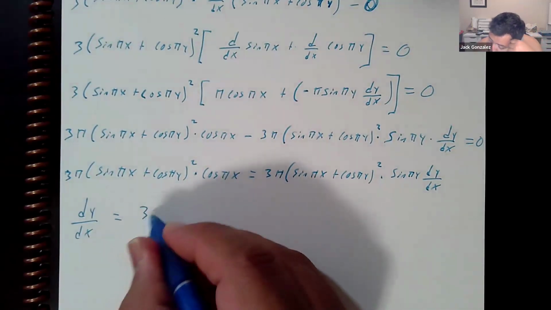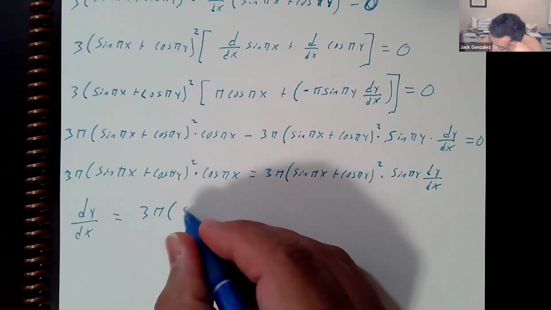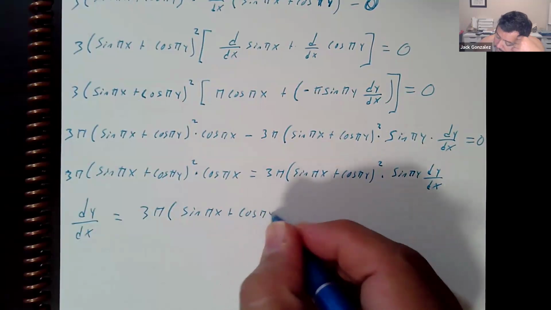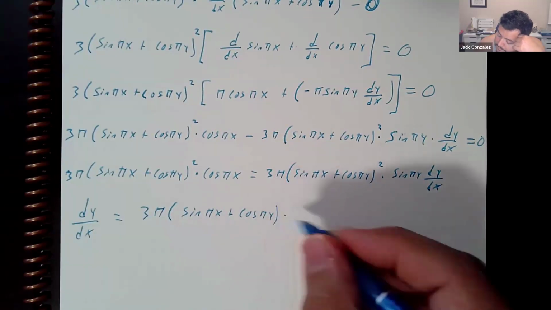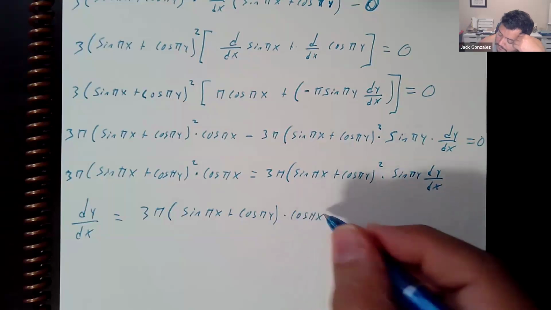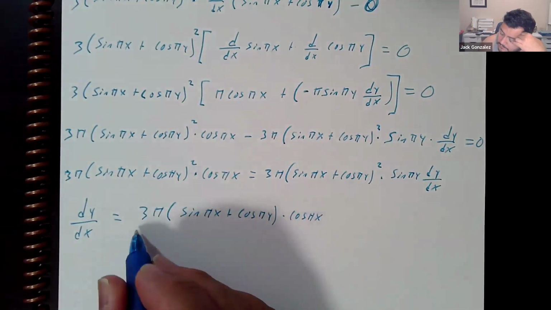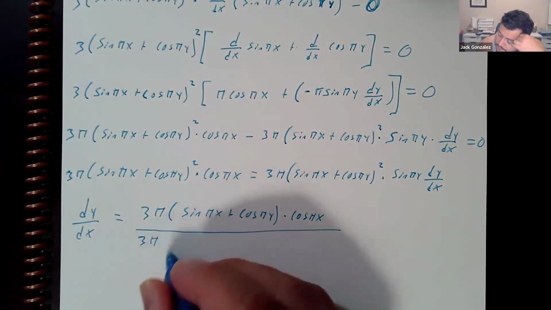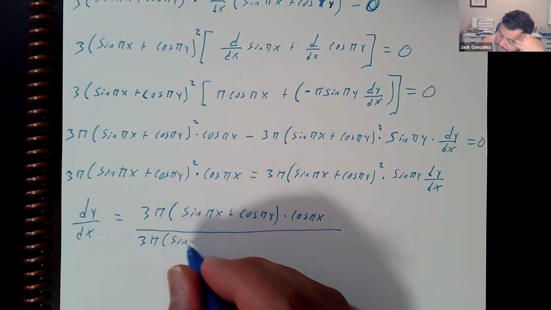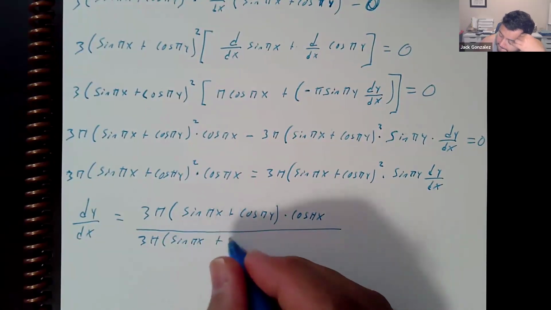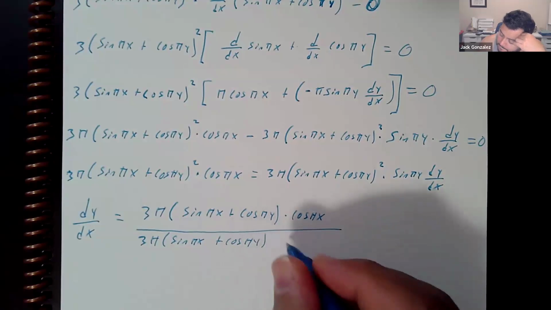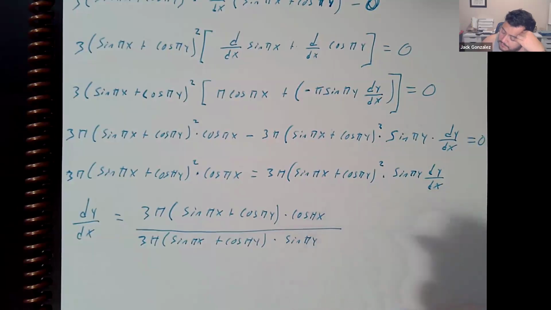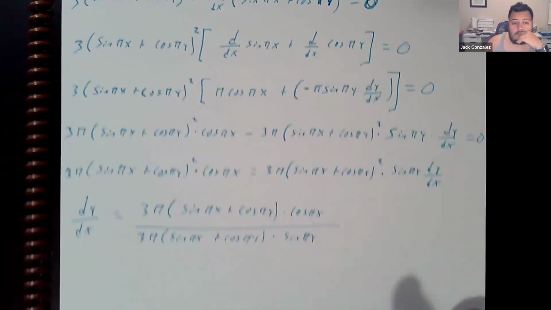You'll have 3 pi times sine pi x plus cosine pi y times cosine pi x, over 3 pi times the same thing, times sine pi y.